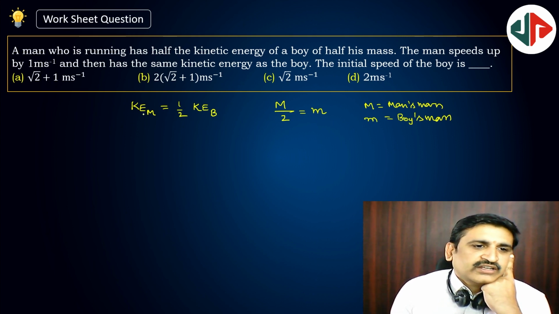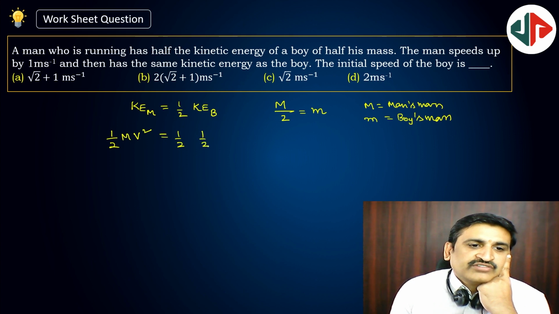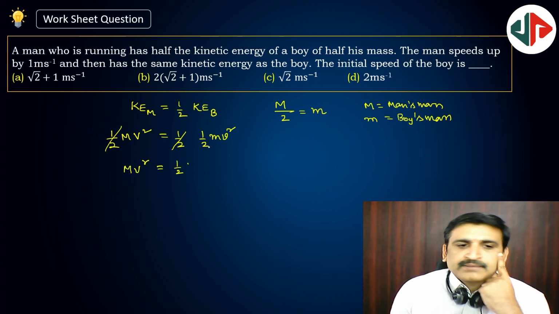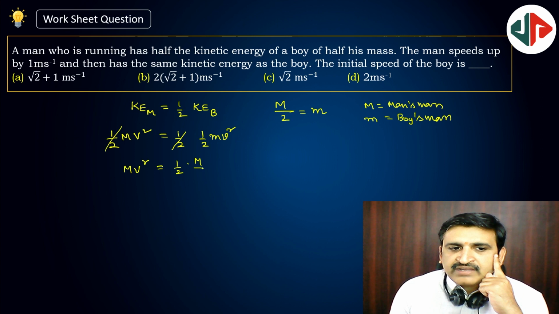Now this kinetic energy, half M V square, is equal to half of the kinetic energy of the boy. Okay, that means the 1/2 will go. Now M V square is equal to half mass of the boy, m by 2, into v square.